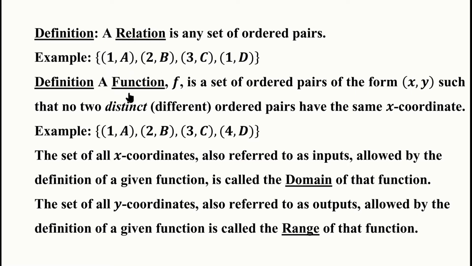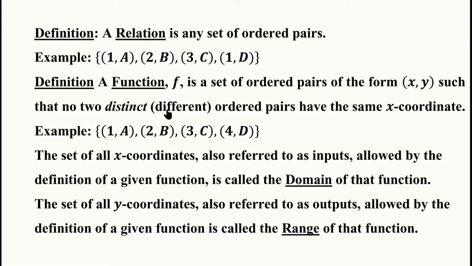A function, on the other hand, is a relation, but with one very, very specific requirement: no two distinct ordered pairs that the function is composed of should have the same x coordinate, meaning the same first coordinate. The letters x and y aren't important. It's the notion of where they actually are located.